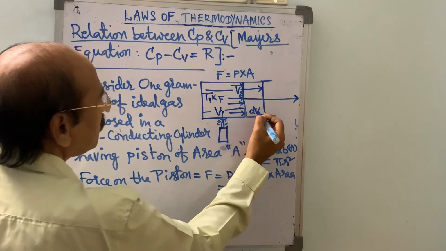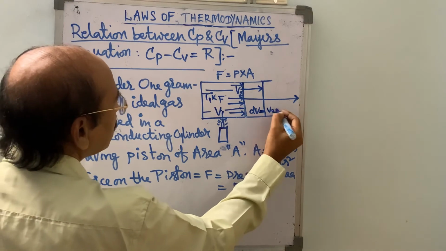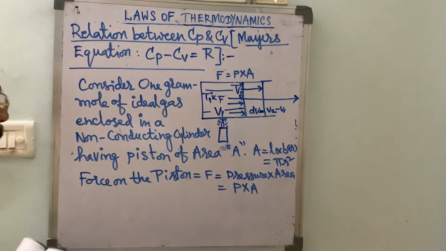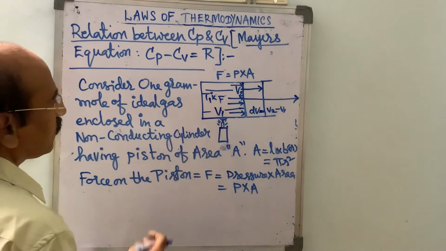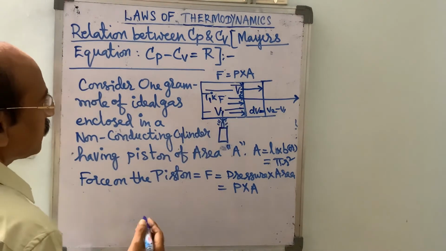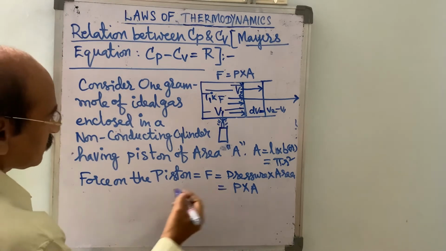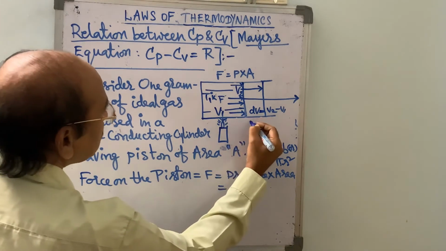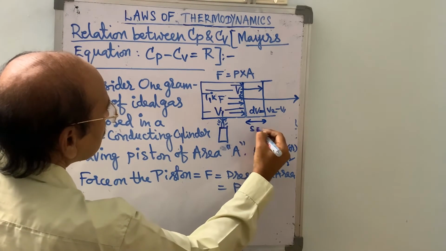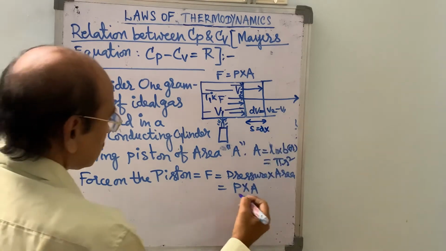Therefore, the increase in volume dV is equal to V2 minus V1. Temperature increases from T1 to T2, and the displacement, let it be S, equal to dx.